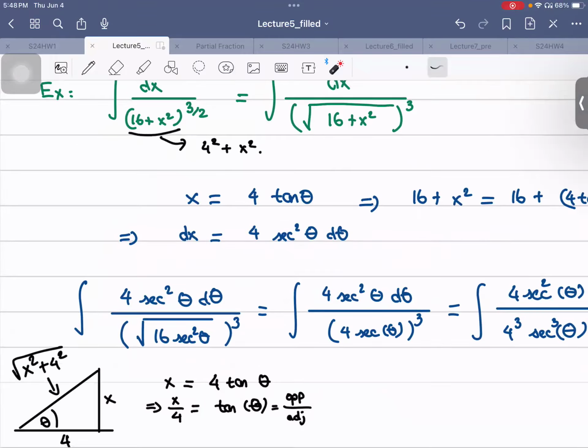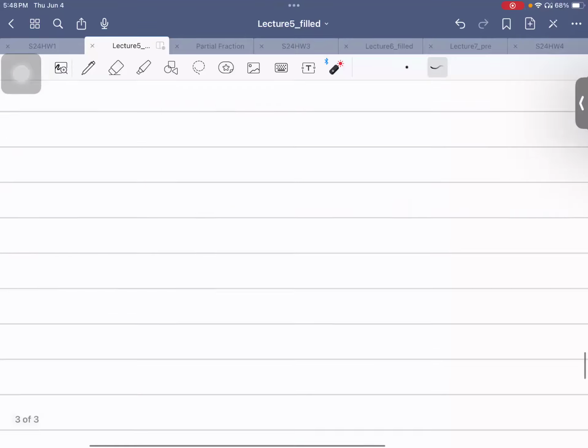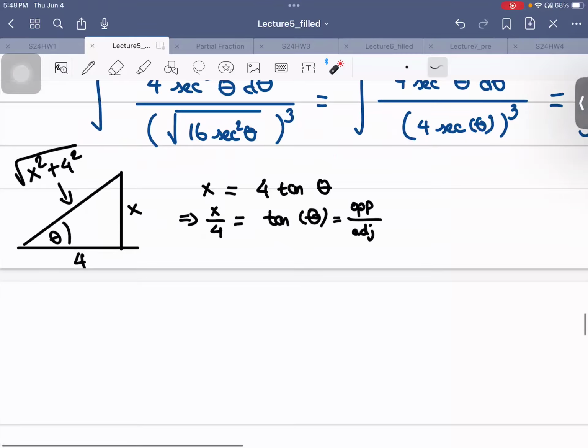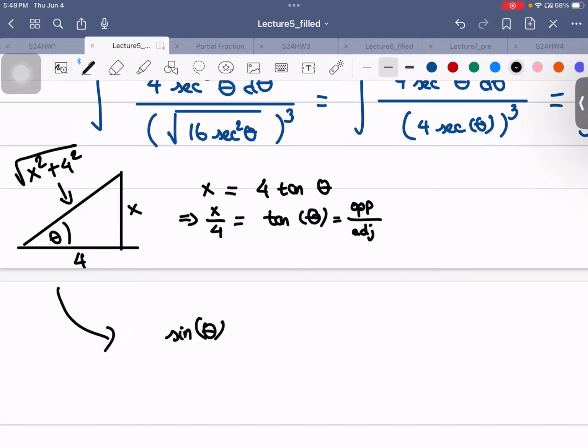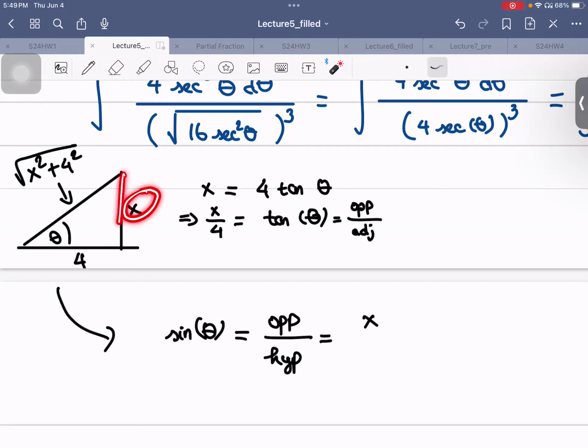Therefore, from the right triangle, to compute sine of theta, you just need to take the opposite divided by the hypotenuse. The opposite side is x.